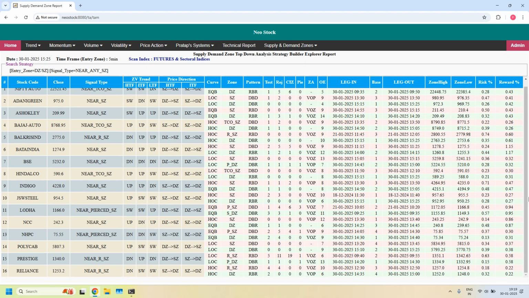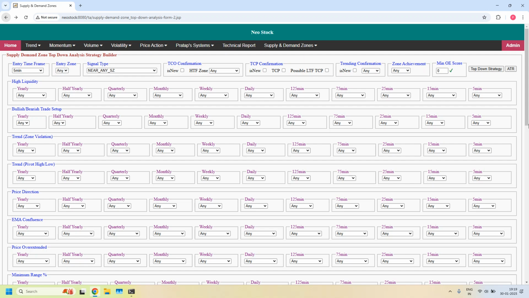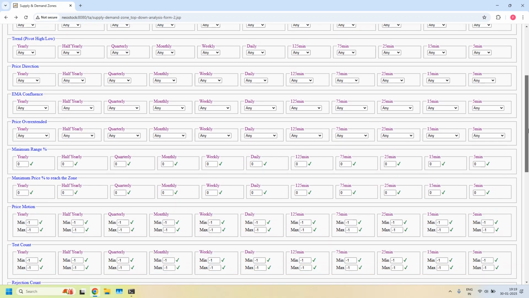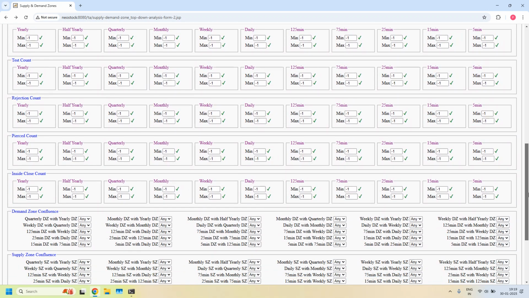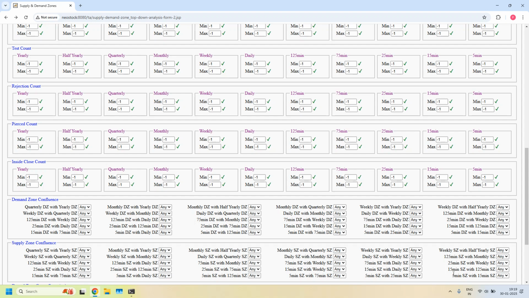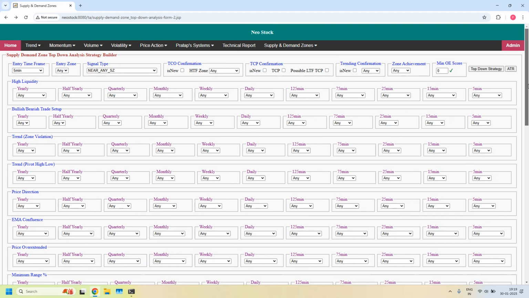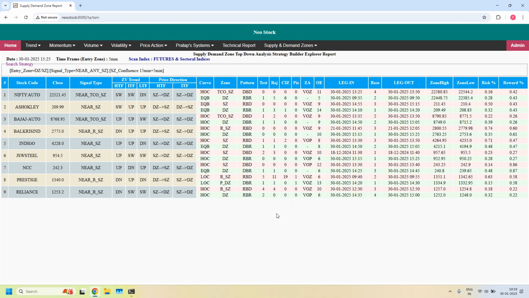Okay, out of these 16, how many are having ITF supply zone confluence? That is 5 minute supply zone with 15 minute supply zone confluence. I am enabling this filter. Now 9 stocks are filtered. Out of these 9, only 1 is a pierced zone.